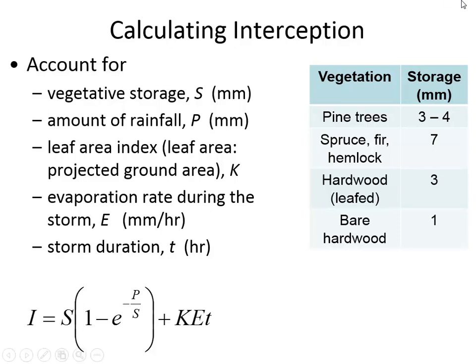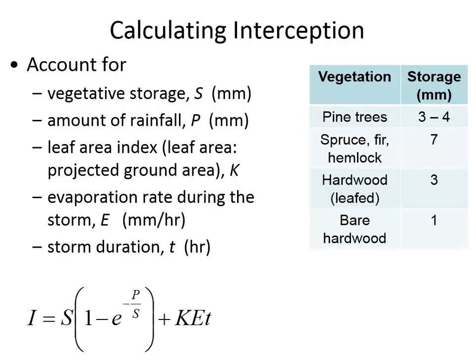But there is a table here that we're going to use for calculating interception, and from it we can find out the vegetative storage, and it is a depth of water in millimeters that each tree can account for. You can see that this equation takes into account the amount of rainfall, so that it has a declining amount of storage as the rainfall gets bigger and bigger. And that takes into account the same kind of trend that's pictured here.